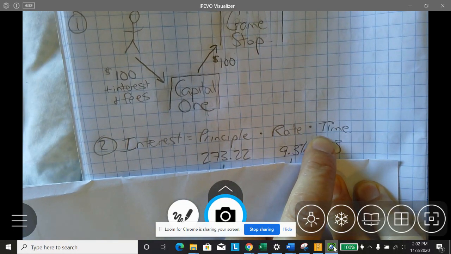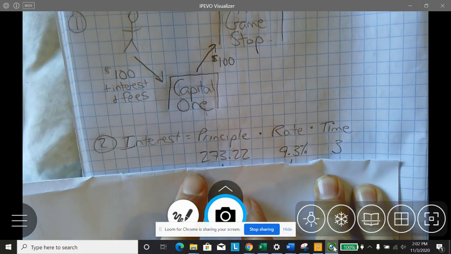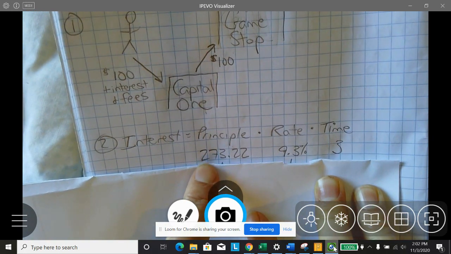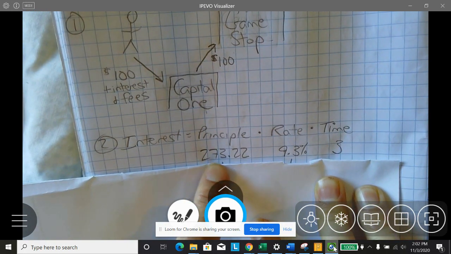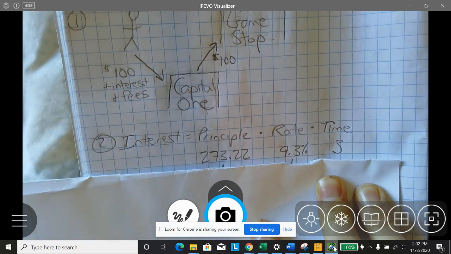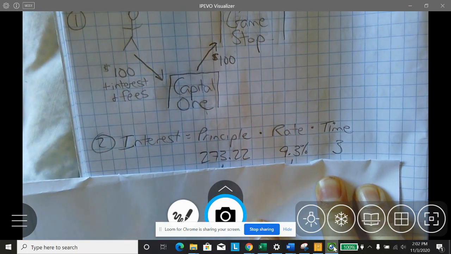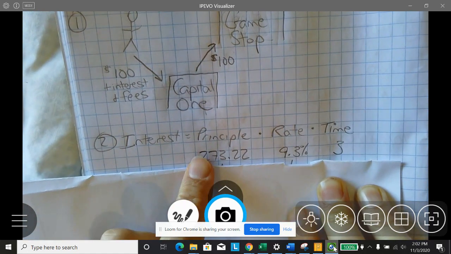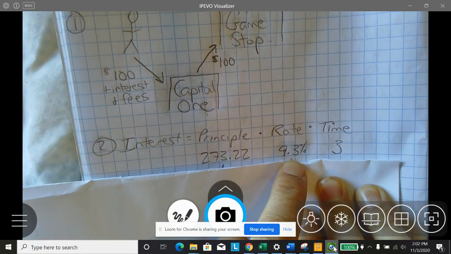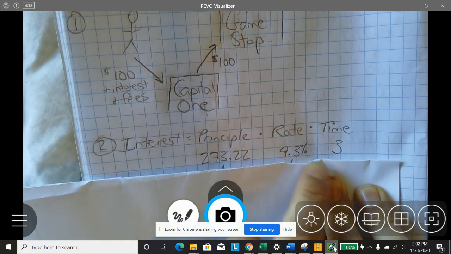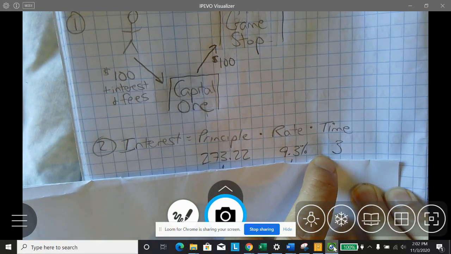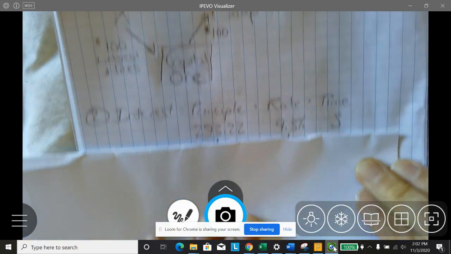In other words, how long it takes you to pay back. So in the first problem, at the end of the month, you owe $273.22. That's how much in purchases you made that month, you bought food. They're going to charge you 9.3% interest if you don't pay right away, and you wind up not paying for 3 months. Well, what is that going to wind up being?